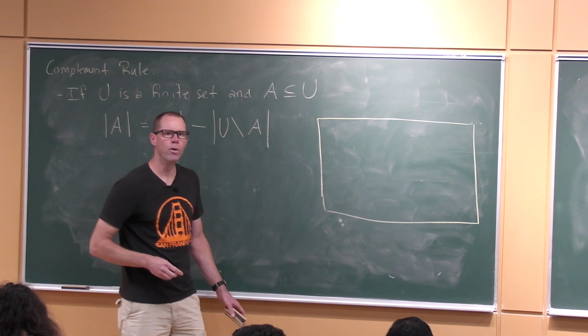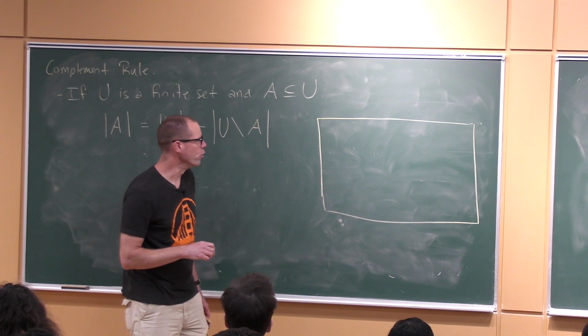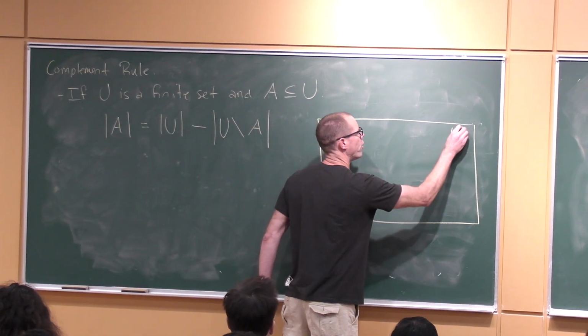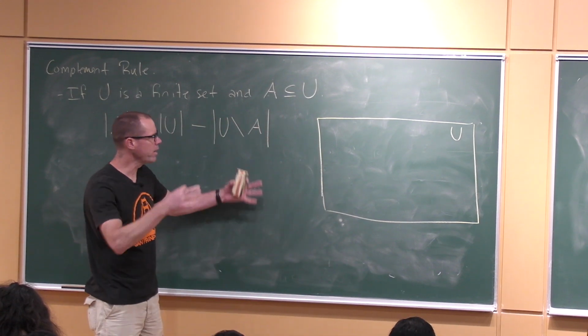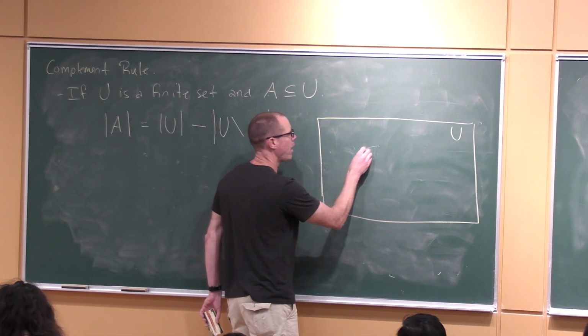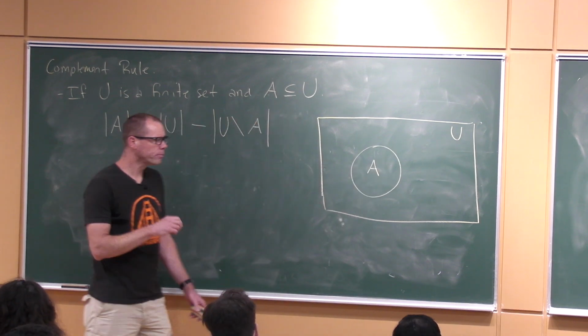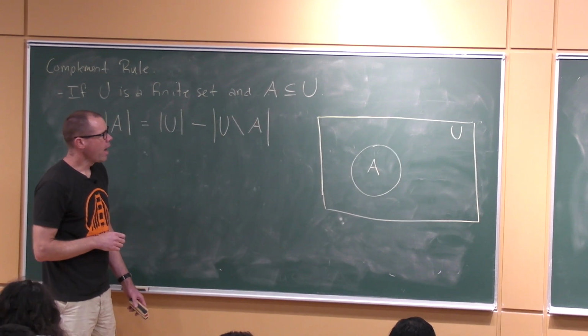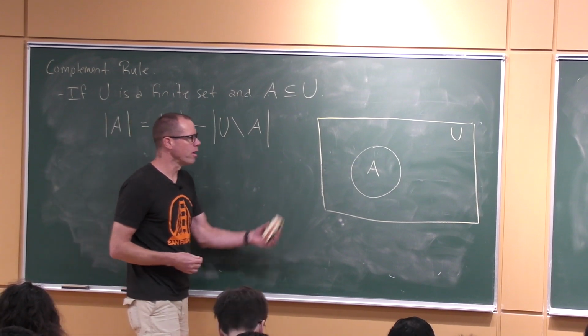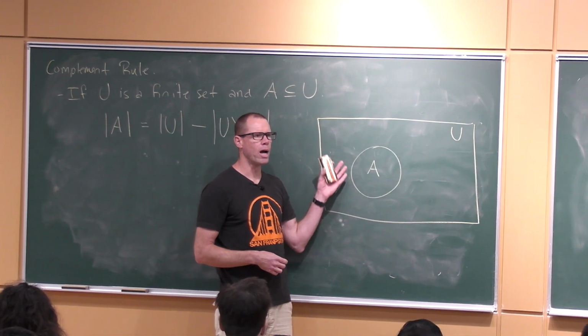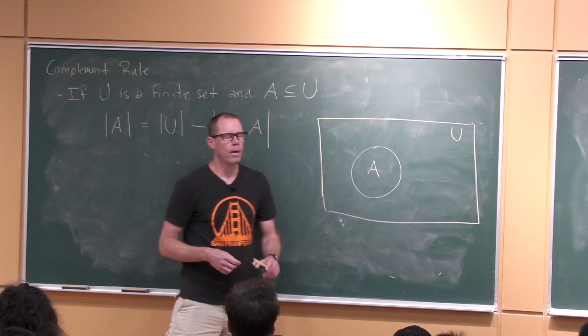We use the letter U here to stand for universe. So there's a big universe, that's the set, a big set. And inside of there, we have the set A that we want to know the size of. And it may be that there's some way for us to easily know what the size of U is.